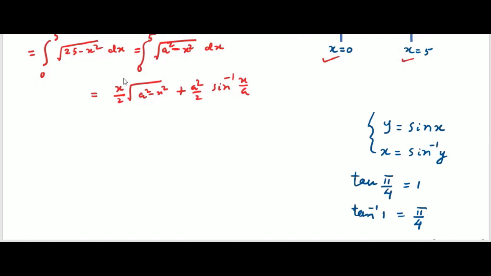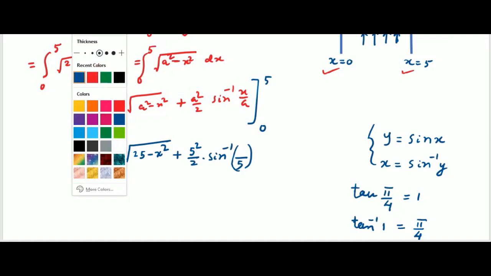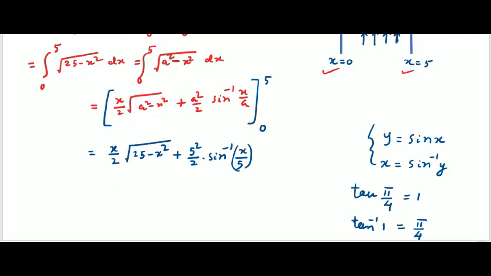I remember you reiterated that a day before. So you write the value of a first. What is a here? A square means 5 square, so a is 5. So x by 5.